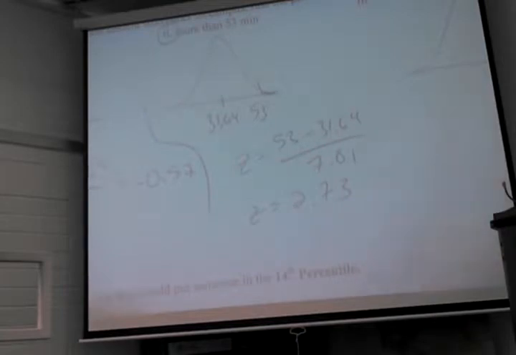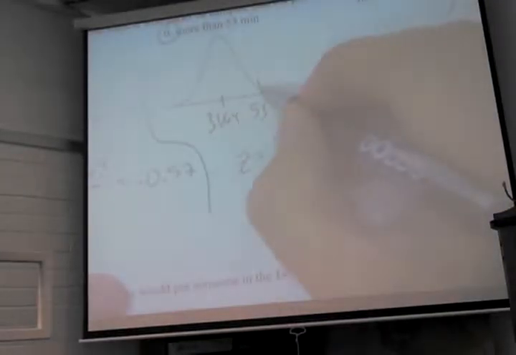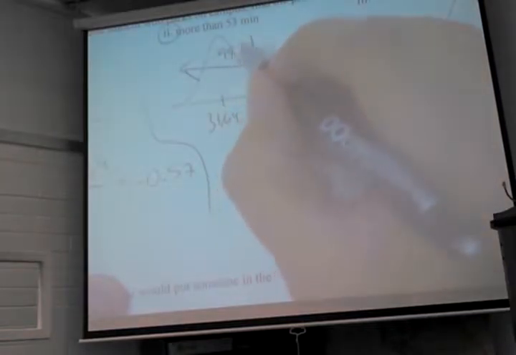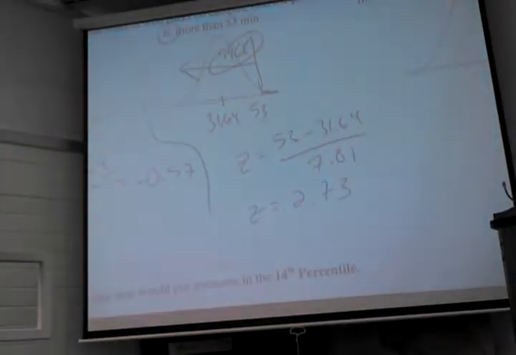Okay, cool. And then if I look up 2.73, 2.70123, 9968. Which kind of makes sense because I'm way the hell up there. So the probability that it's less than that is 0.9968.